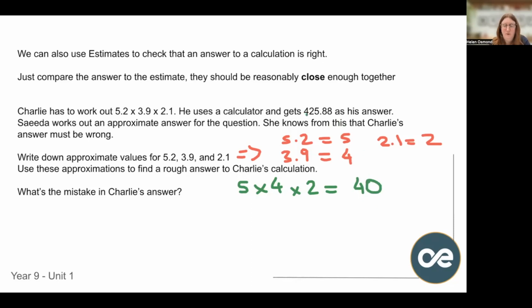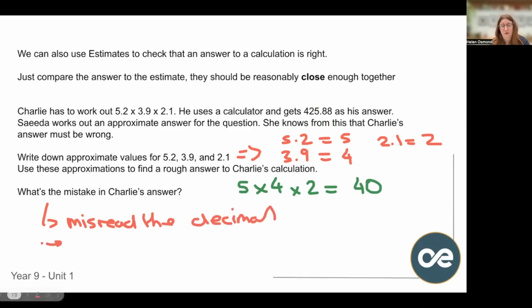Charlie gets 425.88. So he's out by a power of 10. He's probably done the calculation right, but what's the mistake? He's either misread the decimal, or he's dropped one when he was doing his calculation.